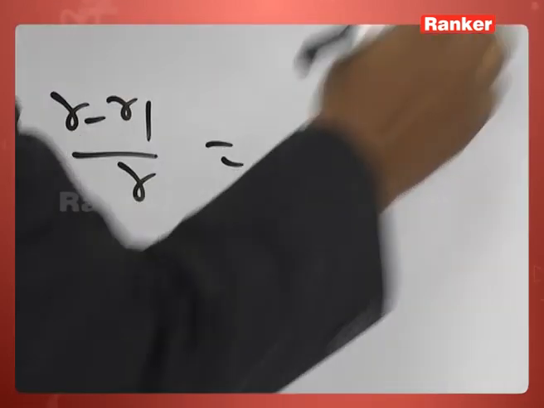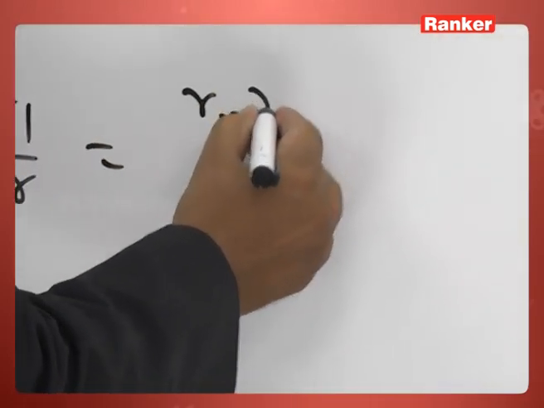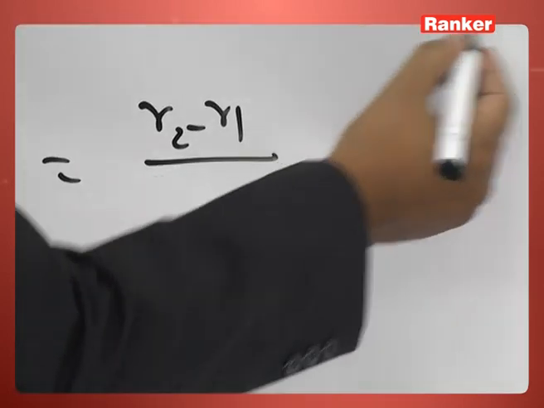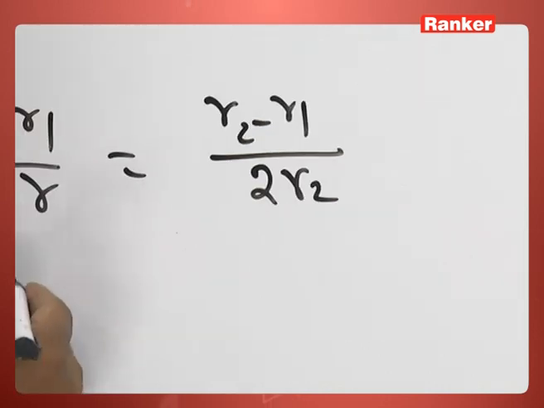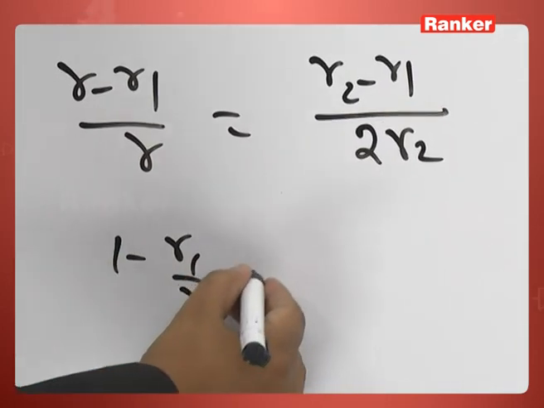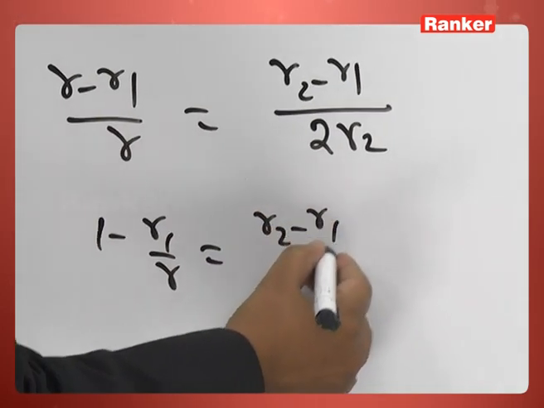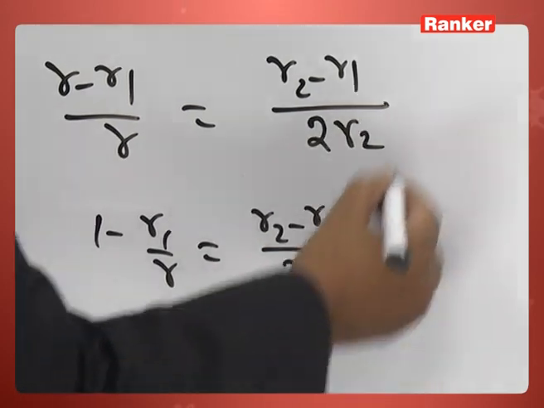I will bring this R here, (R minus R1) by R is going to be (R2 minus R1), and this R2 will go this side. So, it will be 2R2, and 1 minus R1 by R then becomes (R2 minus R1) by 2R2.